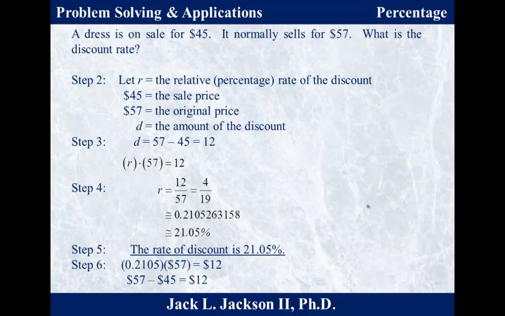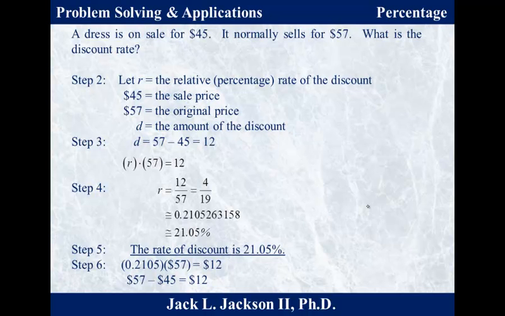What percentage is that? Well, when you multiply the rate times the original amount of $57, you'll get the amount of the discount, which is $12. So the rate, the percentage of the discount, times the original amount gives you the amount of the discount. Solve that for R by dividing by 57. So we have 12 divided by 57, or 4/19.